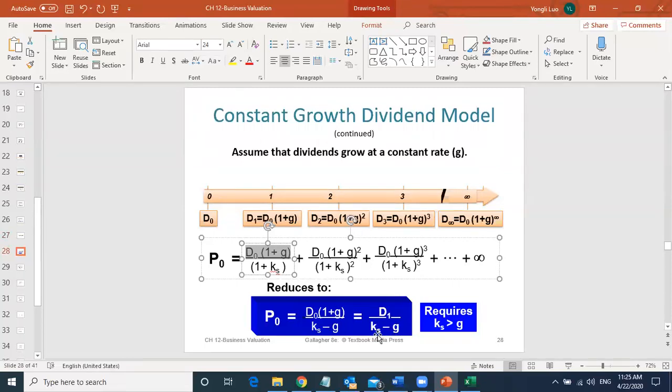KS is the required rate of return of the common stock, and G is the dividend growth rate. This is the formula we use as the dividend growth model.